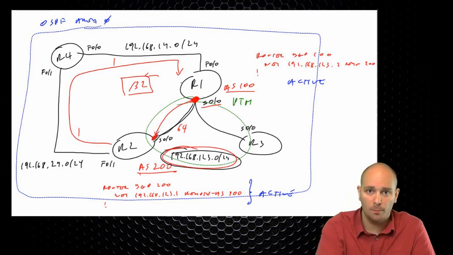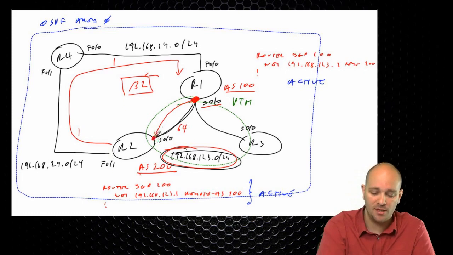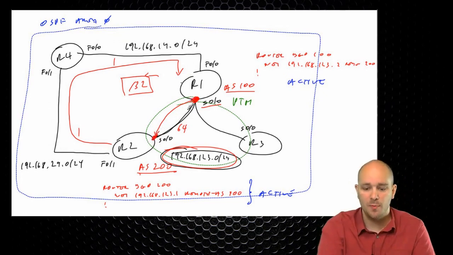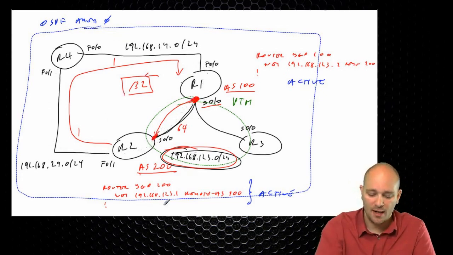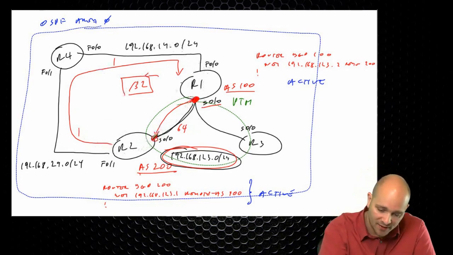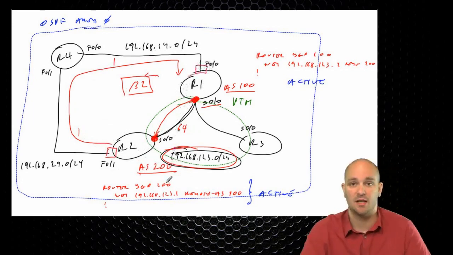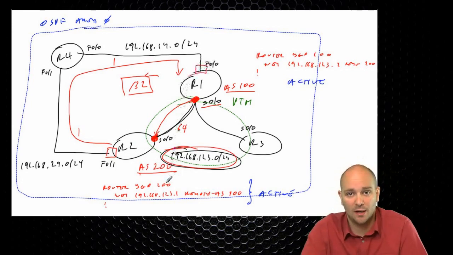So the actual path of the packets from here to here will go around this way, which means that not only do I need to configure eBGP multihop, I actually need to specify that this is the source interface, because if I don't specify it, these will be the source interfaces of my BGP peering by default.